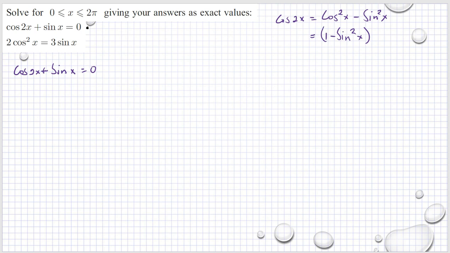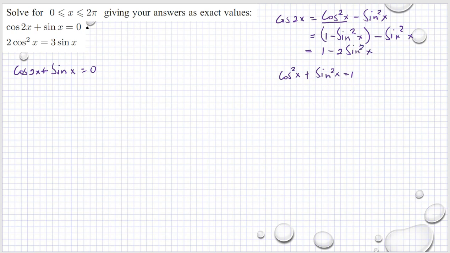I hope you remember that cosine squared x plus sine squared x is equal to 1. That is where I got this: minus sine squared x. Then we have 1 minus 2 sine squared x.